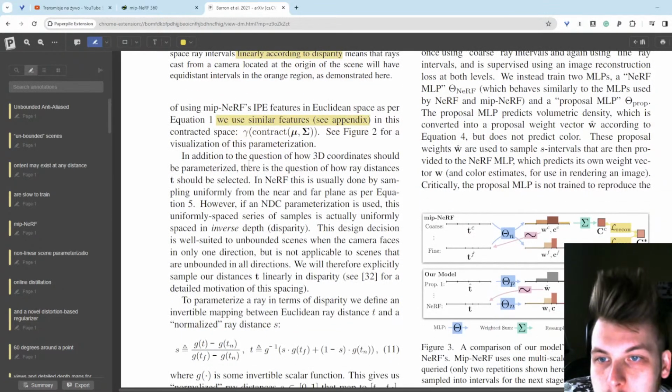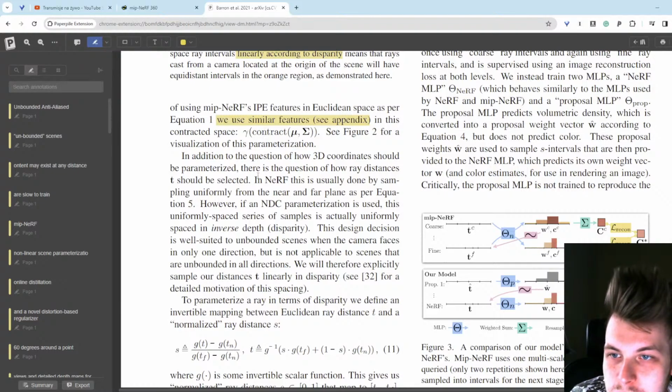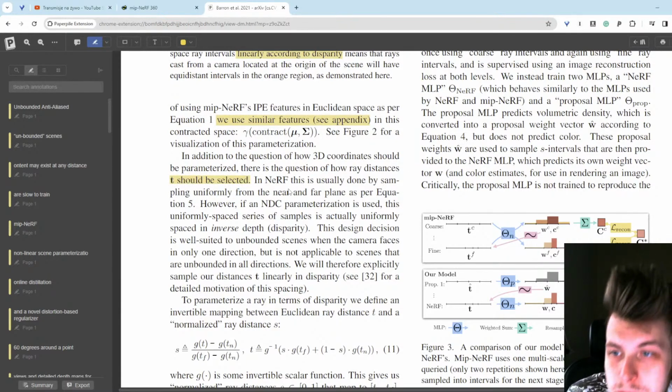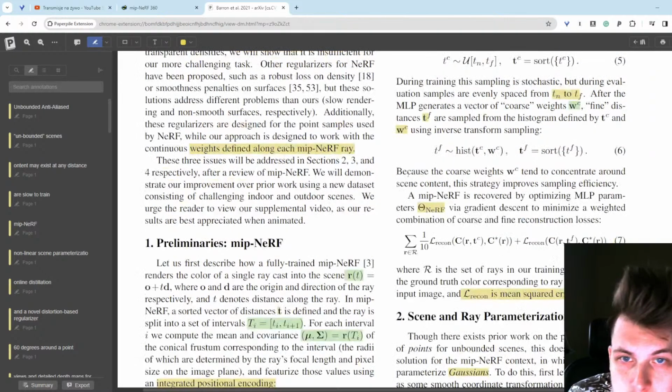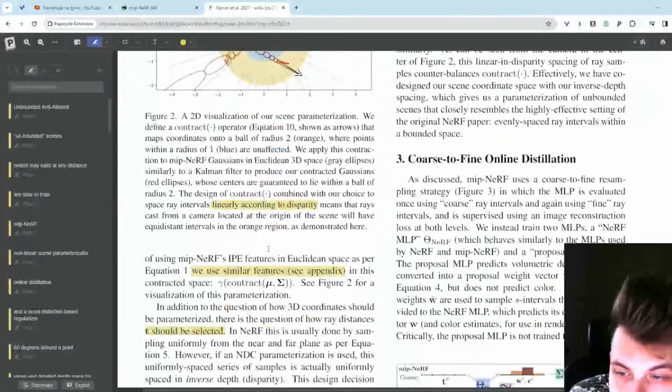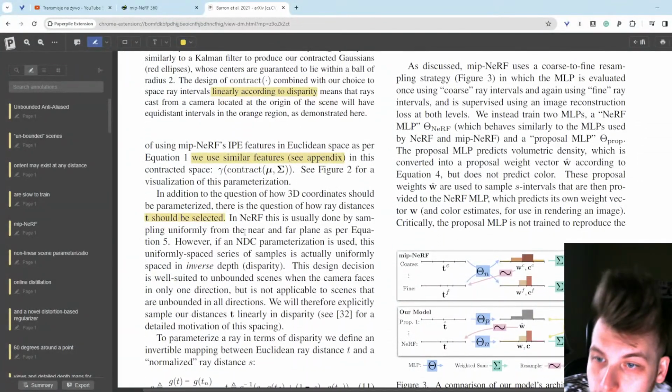In addition to the question of how 3D coordinates should be parameterized, there is the question of how ray distances t should be selected. Oh, so now they will discuss this. In NeRF, this is usually done by sampling uniformly from a near and far plane as per equation 5. So this is the idea. You sample from the beginning and end of your bounded region, but we don't have a bounded region here, so we have to figure out something else.